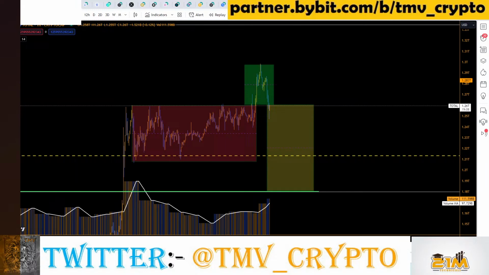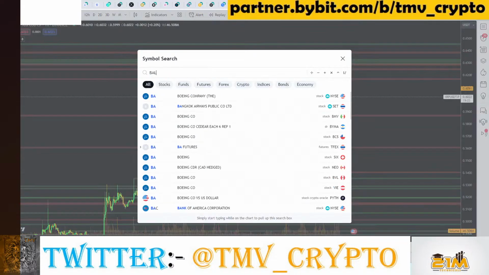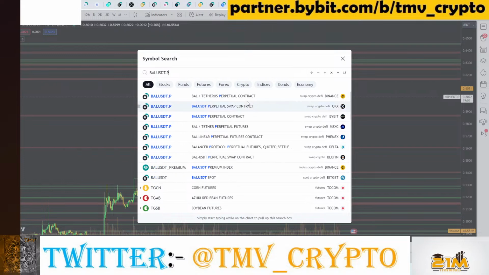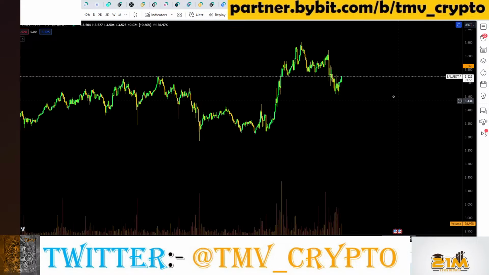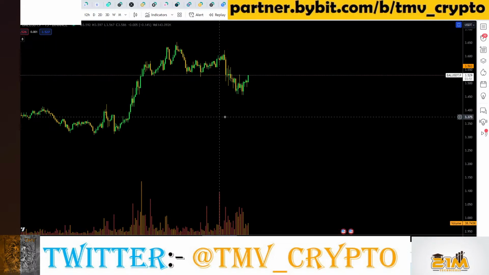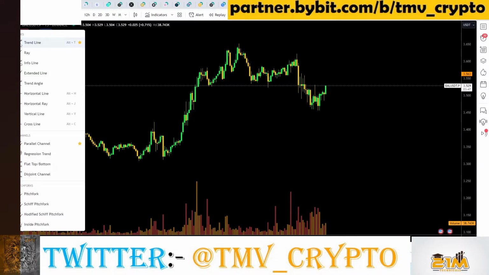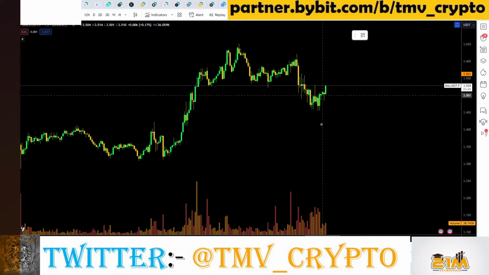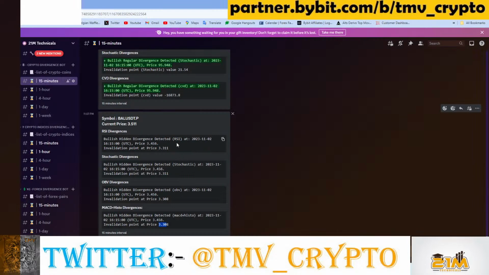Now if you look at the chart, we are going to go to BAL/USDT perps here on Binance, on the 15-minute time frame. This is the new indicator that we're working on. The time frame is mentioned on the indicator. This is to explain how to check it; you don't have to do it every time, but if you really want to check it, this is how.